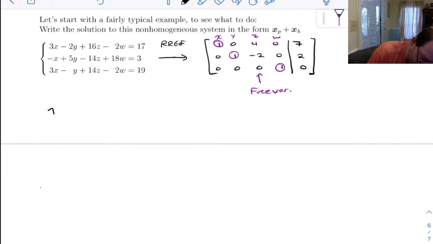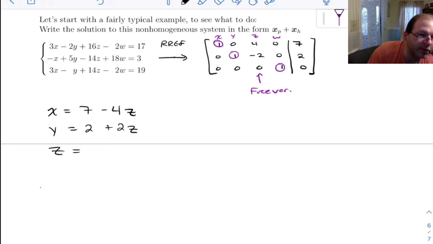We're going to get X is equal to 7 minus 4Z. Y is 2 plus 2Z. Z is a free variable, so Z is just Z. And W is 0. Now I'm going to come back in here and write in a little bit of extra stuff.